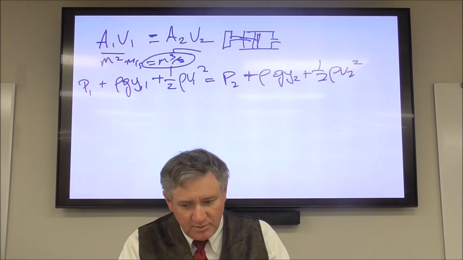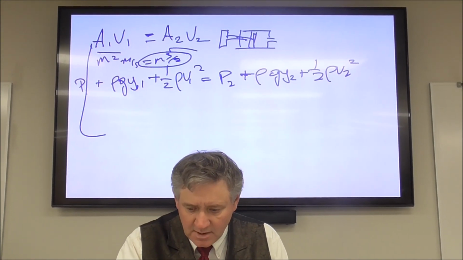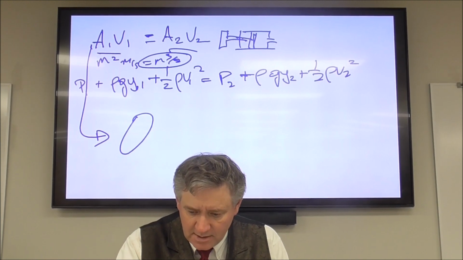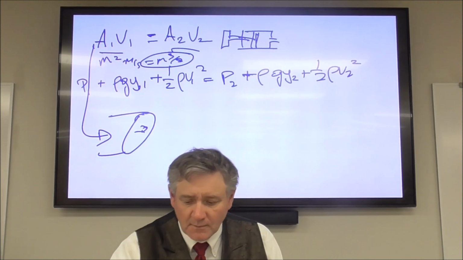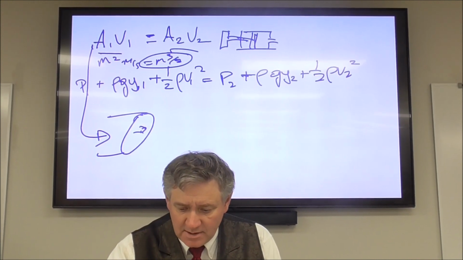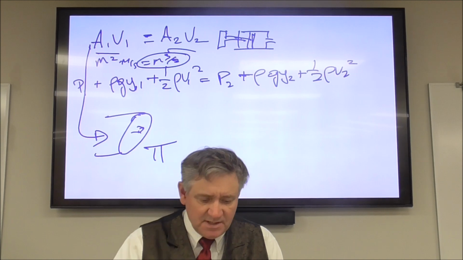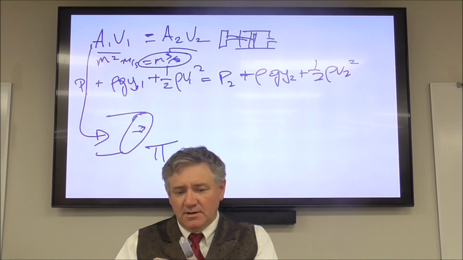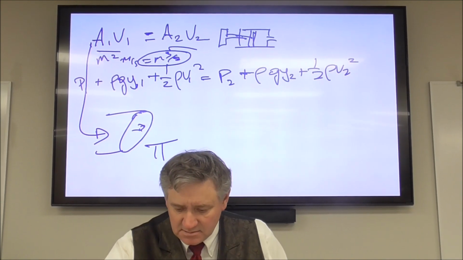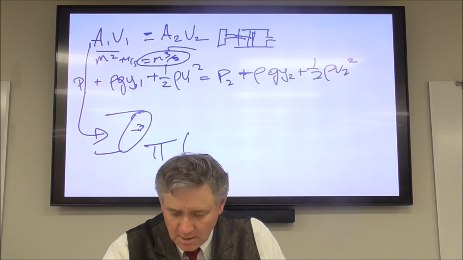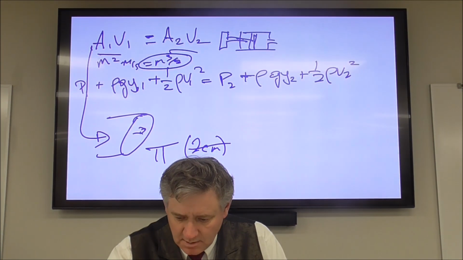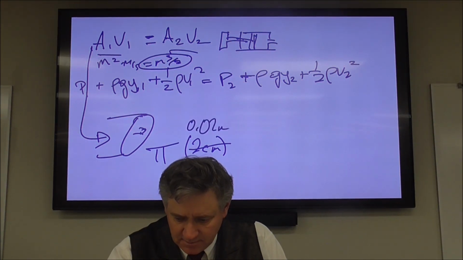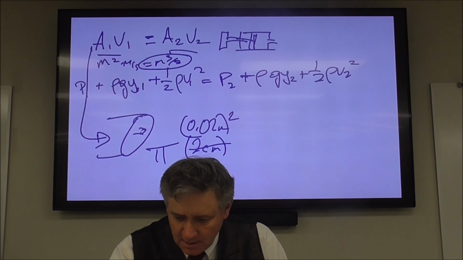Now, here's where the magic happens with this. If you're comparing two circular points, the area of this one is going to be pi times, so let's say, we'll make it easy, 2 centimeters, which would be 0.02 meters squared. And let's say that's moving at 5 meters per second.